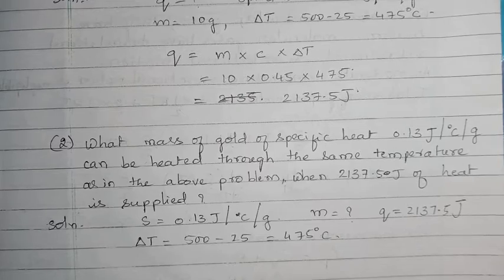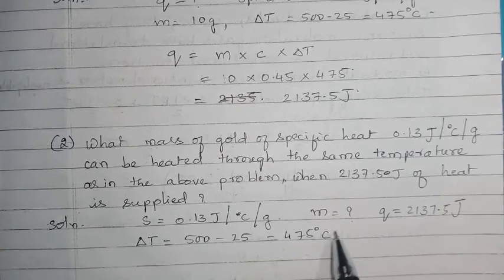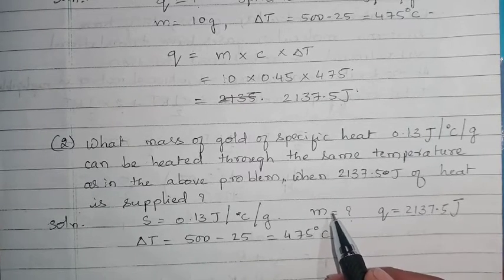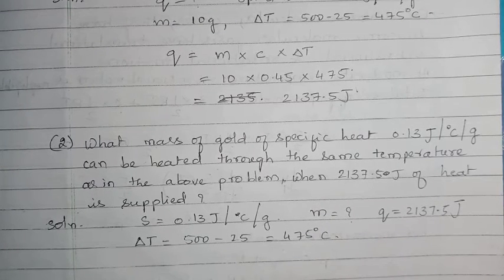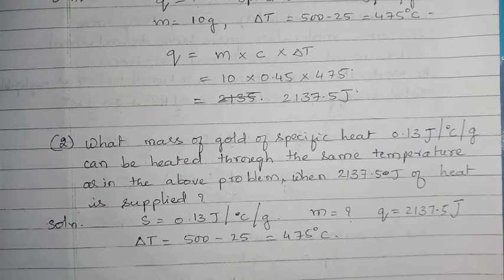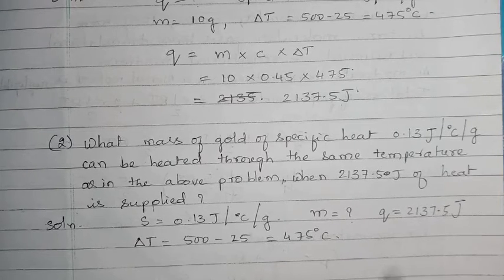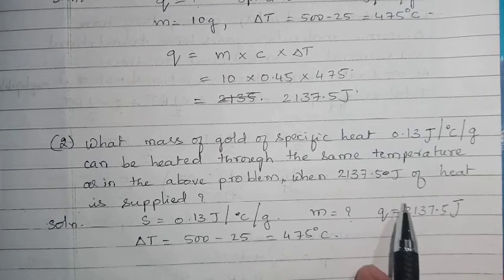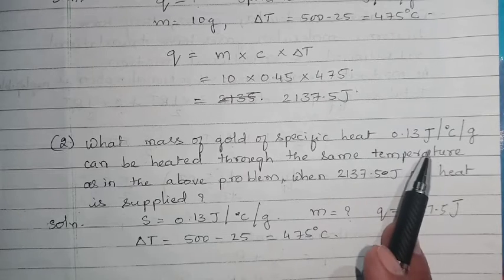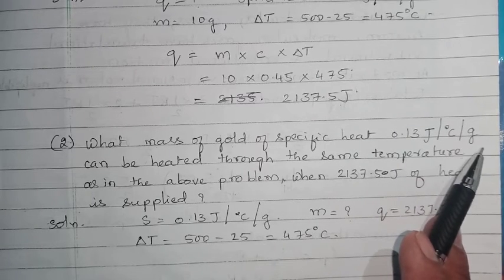Same temperature means: how much mass of gold is required to raise the temperature from 25 degrees to 500 degrees Celsius when 2137.5 joules of heat energy is supplied to the gold, where the specific heat of gold is 0.13 joules per degree Celsius per gram.